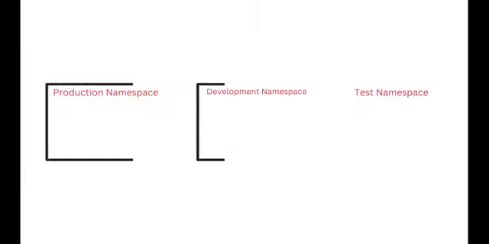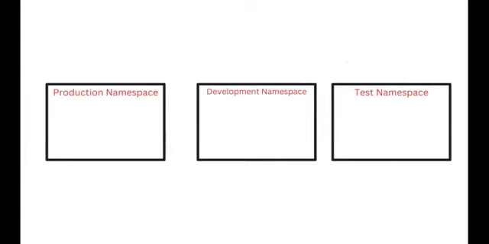Let's say you have production namespace and development or test namespace. You can decide to set quotas for Kubernetes resources in each namespace. So for example, you can decide to set quota in a way that just 10 pods or 2 secrets or 5 services or X numbers of any Kubernetes resources will be created in a particular namespace according to your needs.